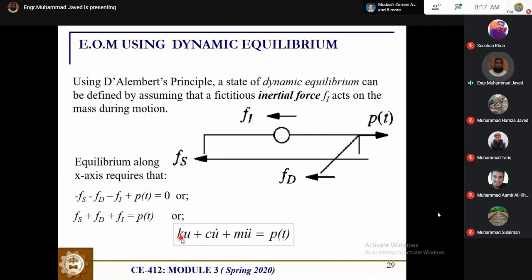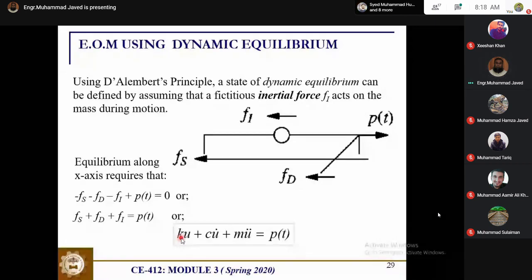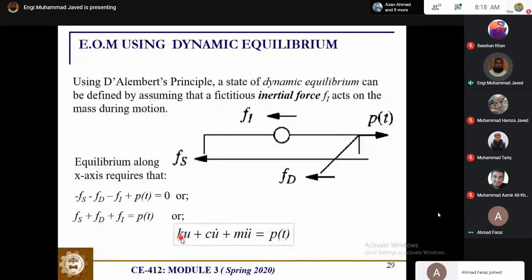For a system which does not comprise a single member, we need to calculate the stiffness. Therefore, in the next few slides, we will discuss how to determine the stiffness of a system which is composed of two or more members.